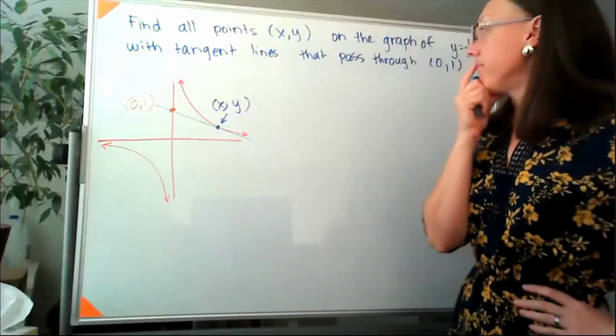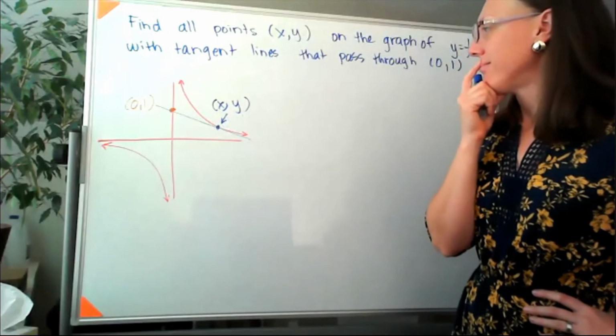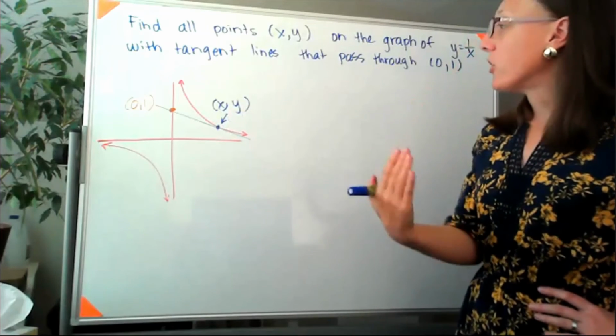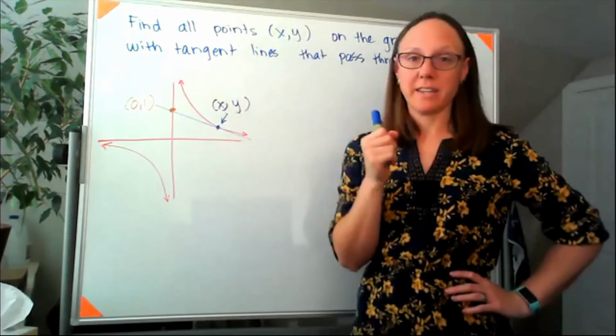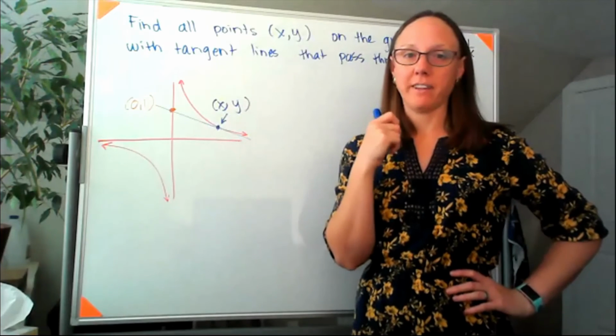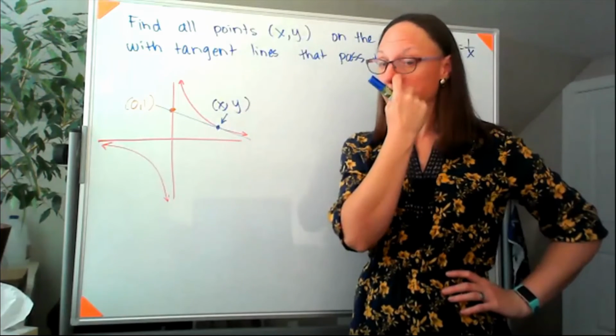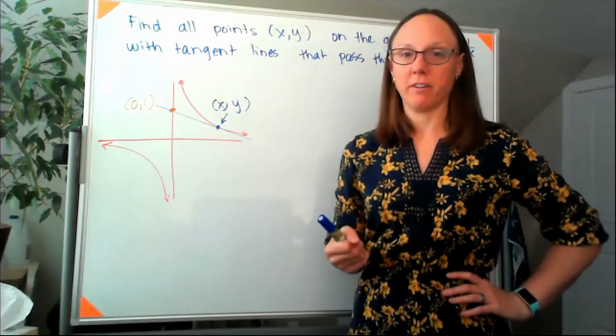Well, let's see what we know. I know that this is supposed to be a tangent line, and we do know how to find the slope of a tangent line. We're going to find the slope of the tangent line by taking a derivative.